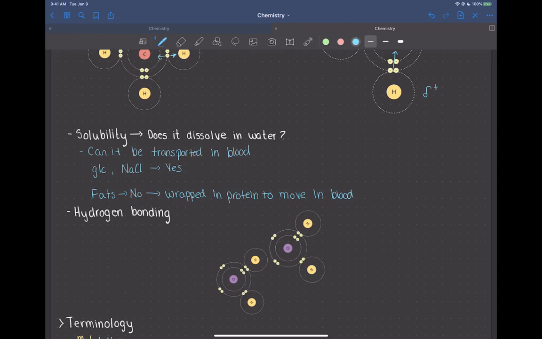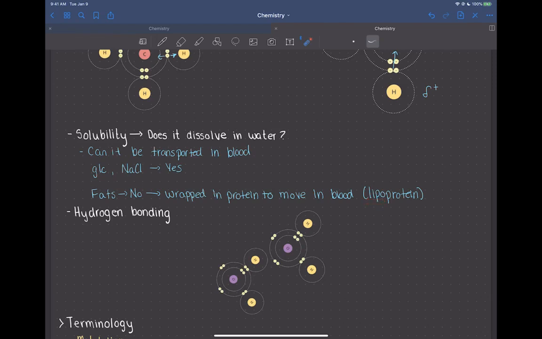So there are going to be strategies for things we still need to transport in the blood when they are non-polar. These fats are going to be wrapped in proteins. Those are called lipoproteins, so protein that is wrapped around a fat. Lipo is just the prefix for fat.